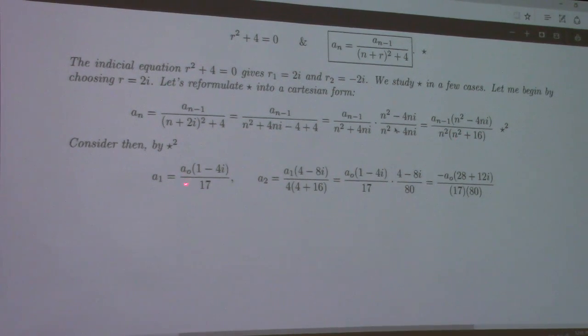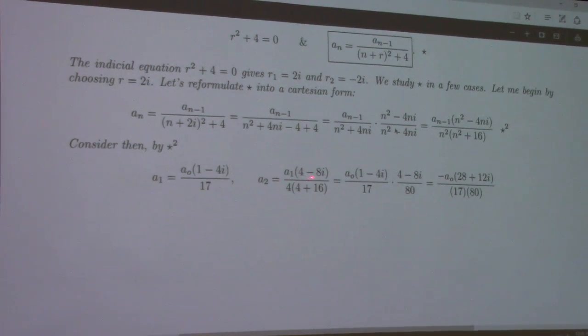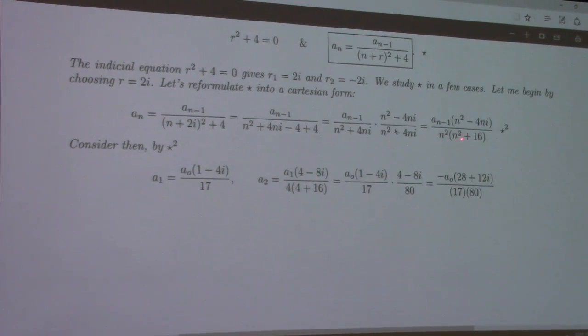So like a1 is a sub naught times 1 minus 4i over 17. a2 would be a1 times 2 squared, which is 4, minus 8i over 4 times 4 plus 16. That is 80. And that is a multiplication I have to do, right? So 1 times 4 is 4. 4 times 8 is 32, so I get 4 minus 32 is minus 28.